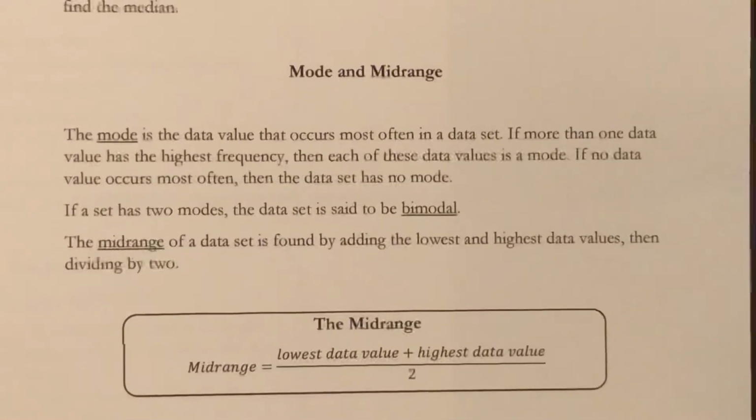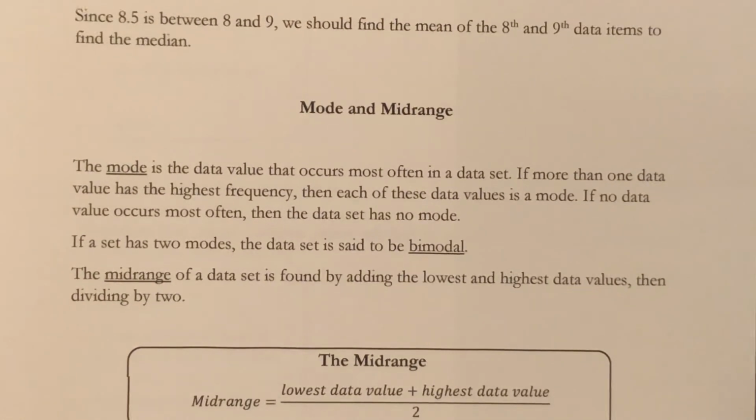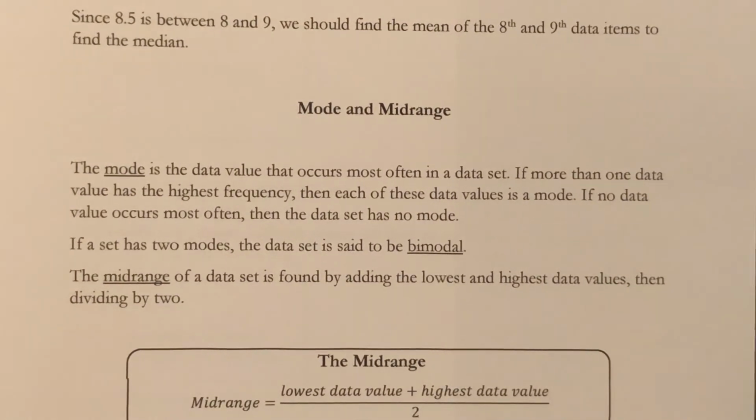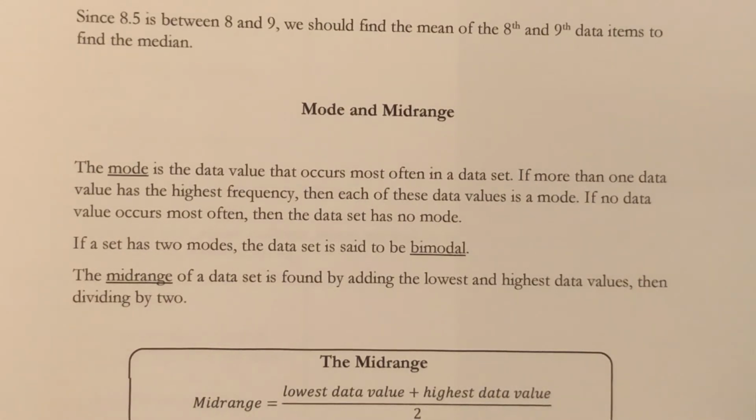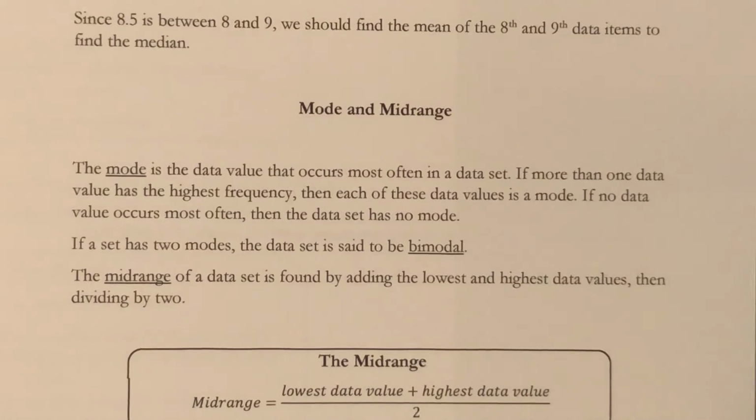Now our other two are mode and mid-range. The mode is the data value that occurs most often in a data set. And it's possible to have more than one thing showing up the same number of times. So if 8 appears 3 times and 9 appears 3 times, then I have more than one mode. It is also possible that everything appears the same number of times.